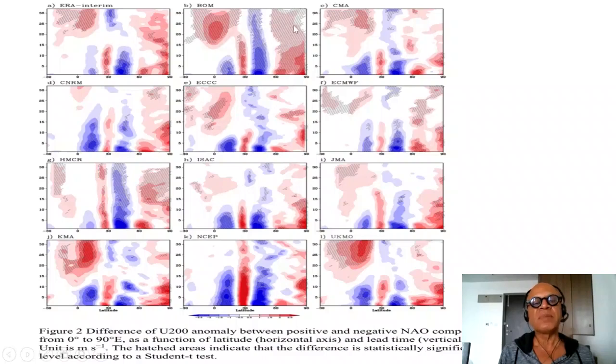Some models have a better skill than others, so you can see the persistence of this here, and the statistical significance is shown in these hatched areas.